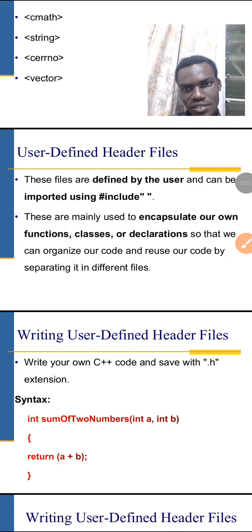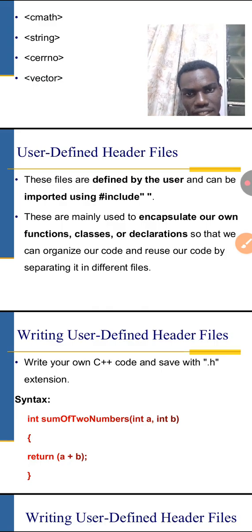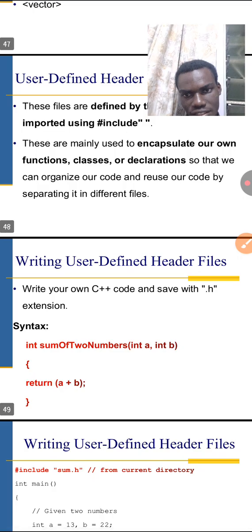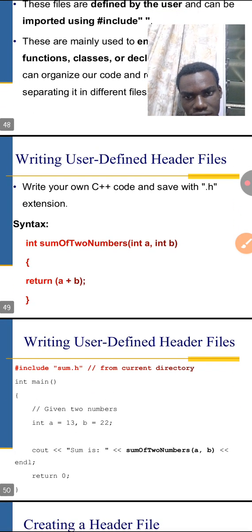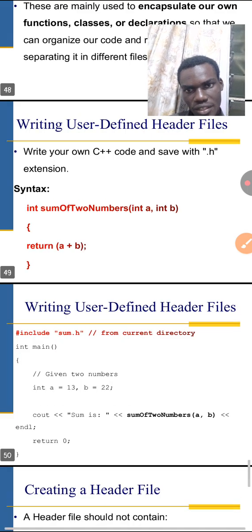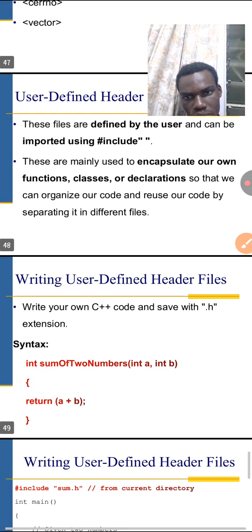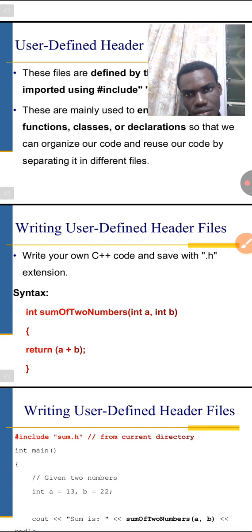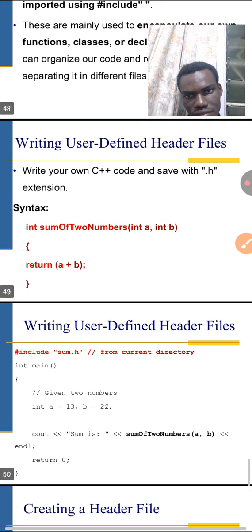Now let's continue. You can see writing a user-defined header file. We say with .h extension. These are some examples, and then we have the format in which you have to proceed when using the header files.